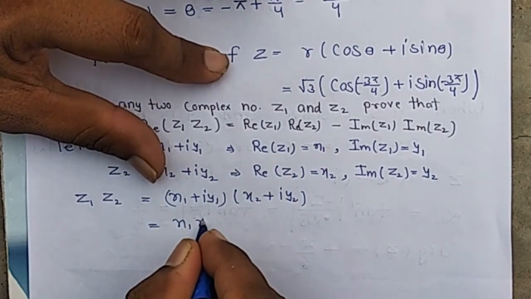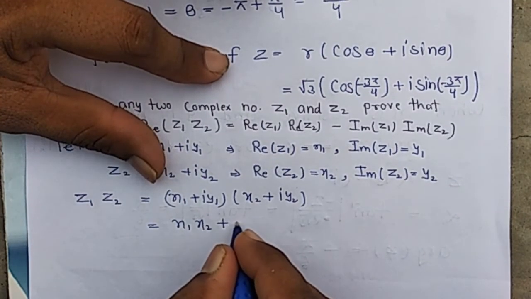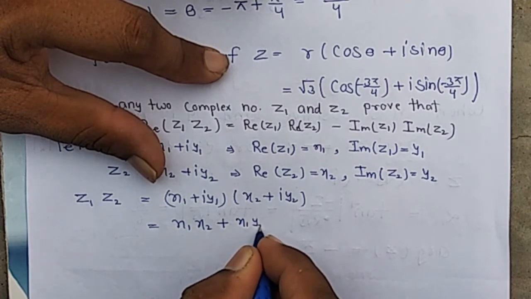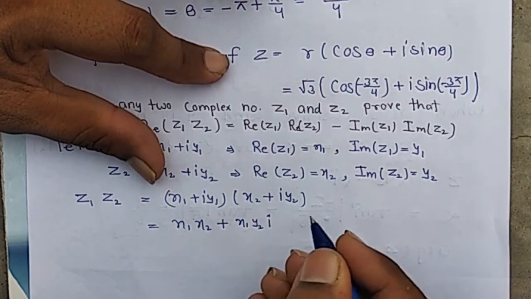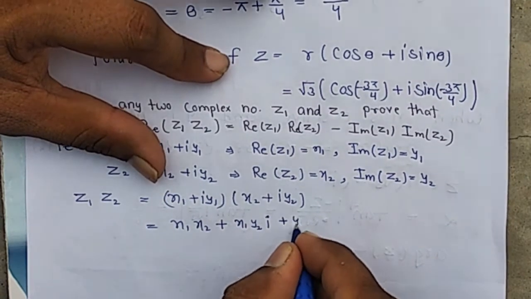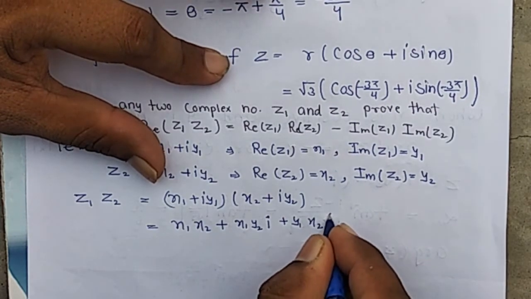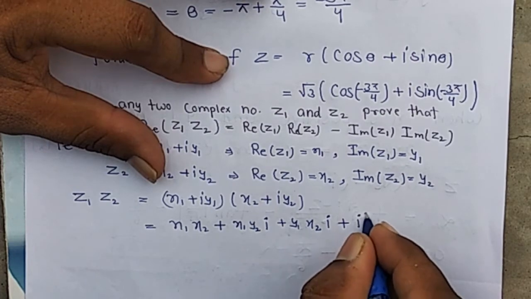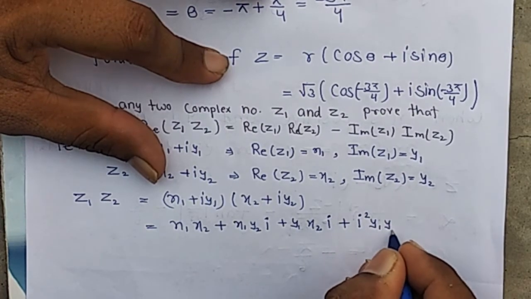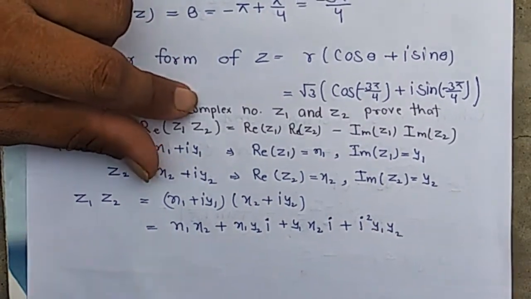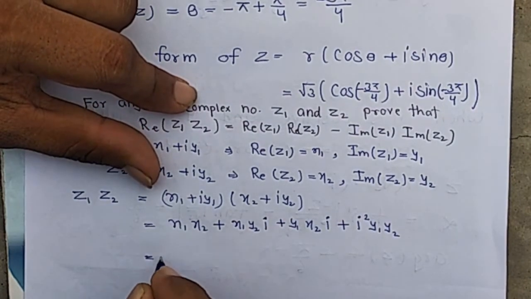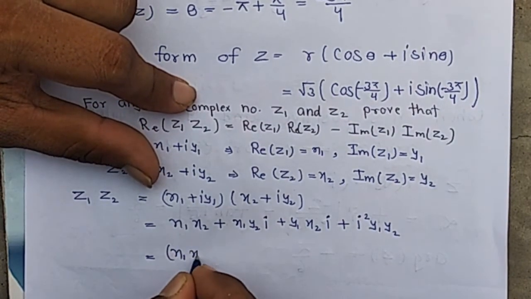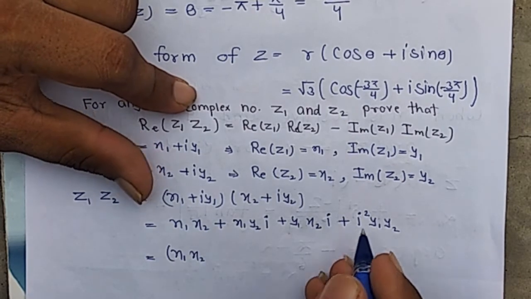We have x1 x2 plus x1 y2 i plus y1 x2 i plus i squared y1 y2. Put the value of i squared, which is -1, and we get x1 x2 minus y1 y2.